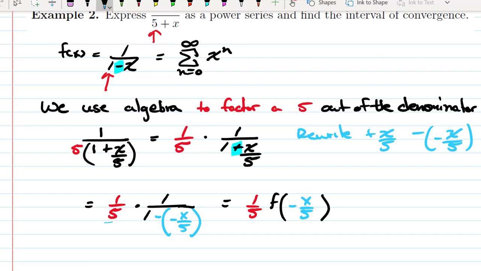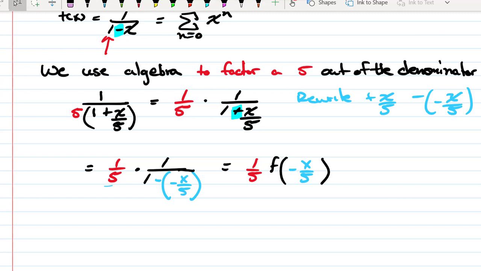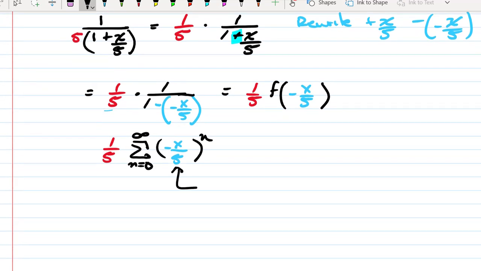So if we put those two things into our series, we're going to have 1/5 times the sum as n goes from 0 to infinity of negative x over 5 raised to the n. So in this case, our r is negative x over 5, and if we wanted to, we could simplify this up a bit. It's worth noting that this is our common ratio.